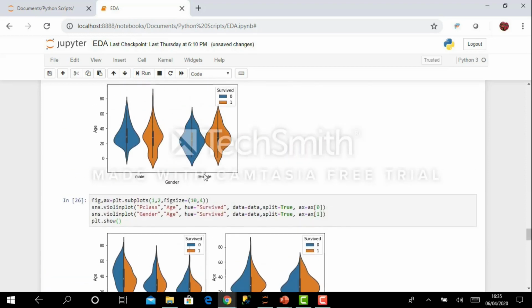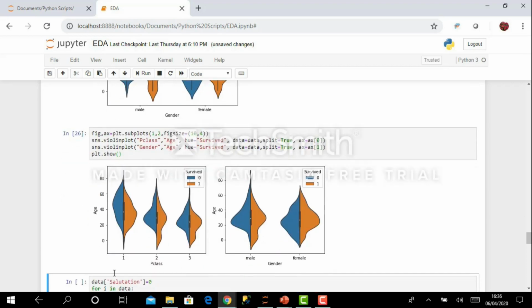Here you can see that for survival and non-survival, instead of two violin plots, there is a single one where both are shown. Suppose for first class, this is the age range where people did not survive, and this is the age range where people survived. So in a single violin you are seeing two different types of data.